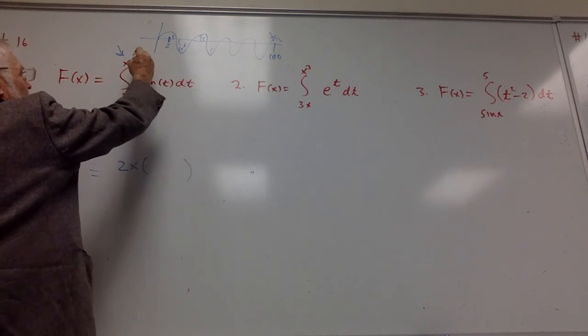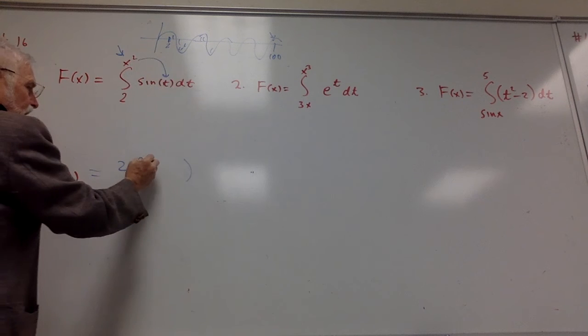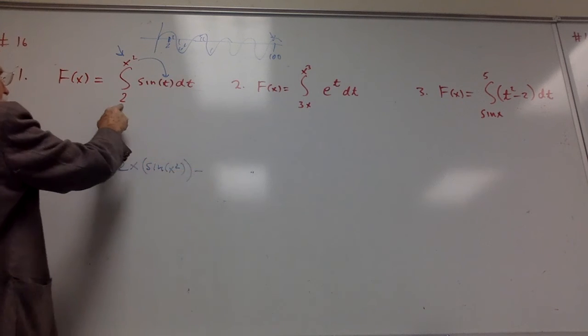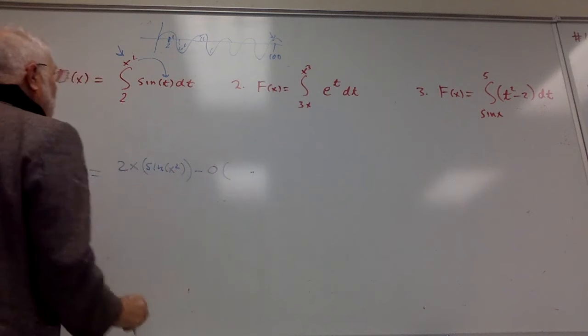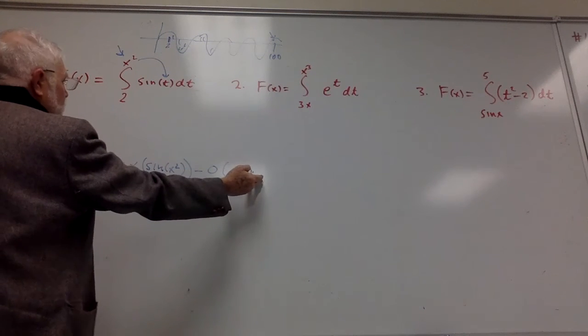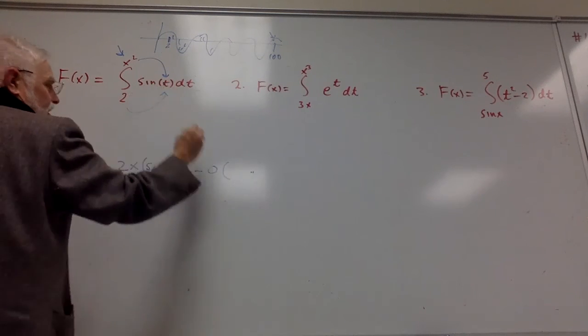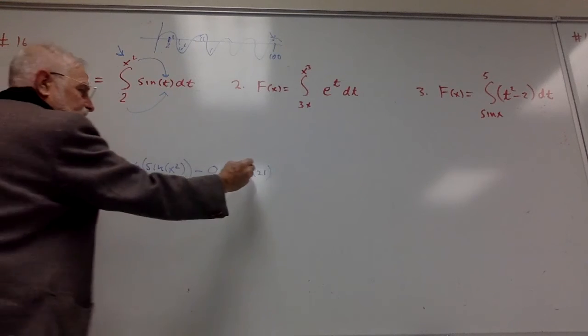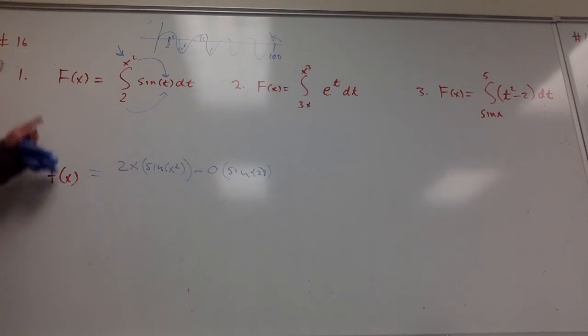Multiply it times what you get when you plug it in there, and that's the sine of x squared, minus take the derivative, which is 0. You can stop there, obviously. That's a constant. You don't have to do the rest of it, but you plug it in, the sine of 2. That's the mechanics for taking the derivative of big F.